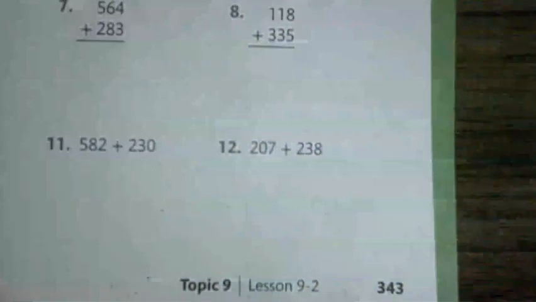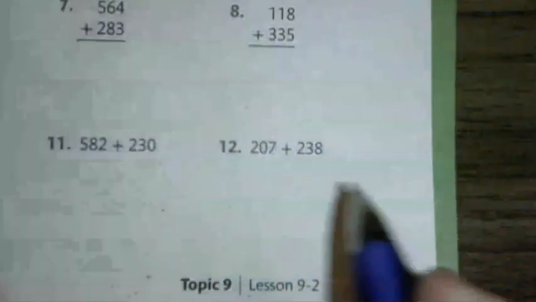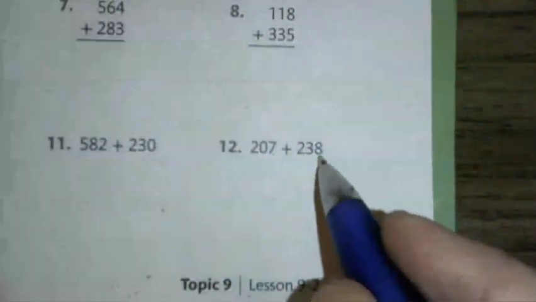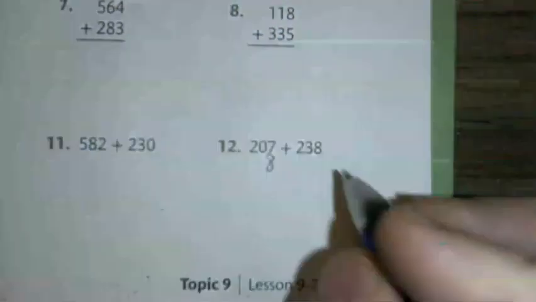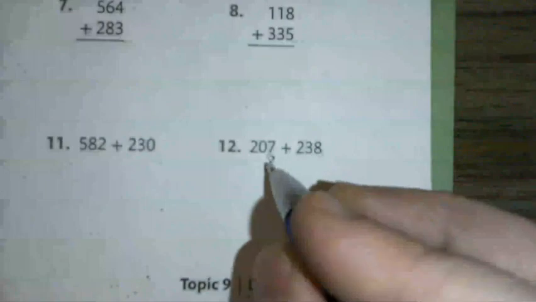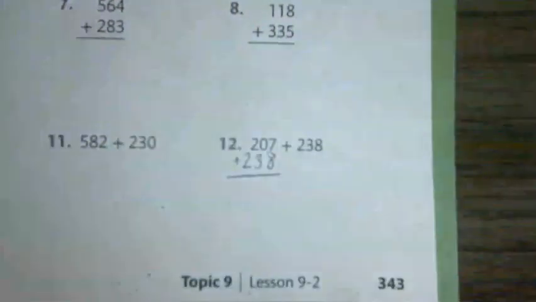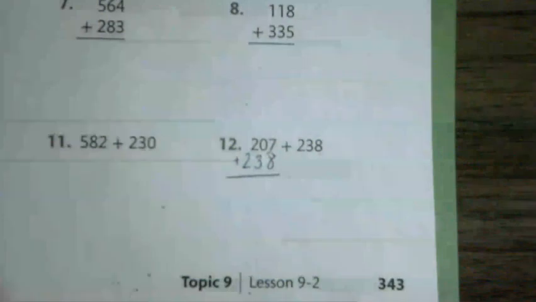Don't worry. I'm going to take the ones place and put it underneath the ones place. I'm going to take my tens place and put it underneath my tens place. I'm going to take my hundreds place and put it underneath my hundreds place. And look at that. Now I can solve.